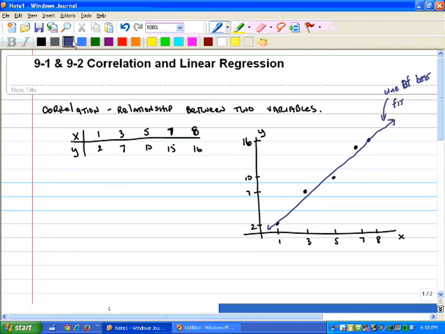If the points in our scatter plot are fairly close to making a line, all fairly close to the line, then we say that there is a linear correlation.